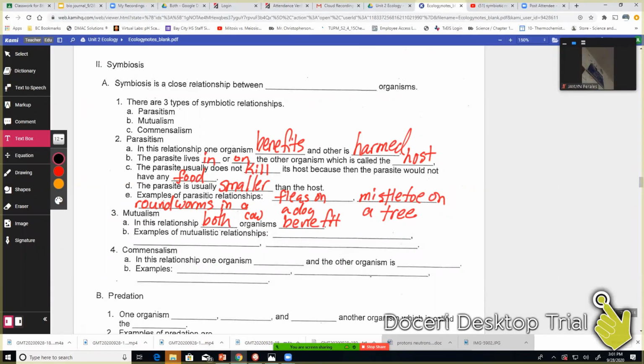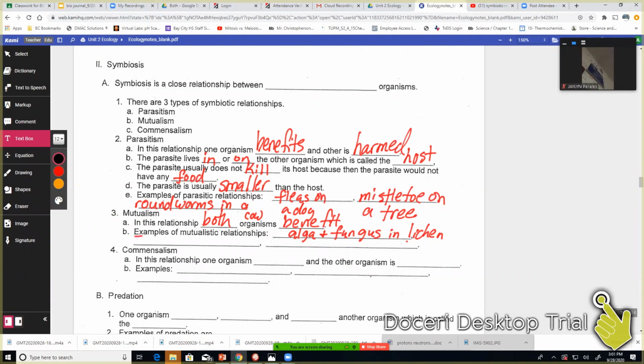So an example of that would be alga and fungus in lichen. That's L-I-C-H-E-N. And you'll see that on trees sometimes, especially during this time of the year.